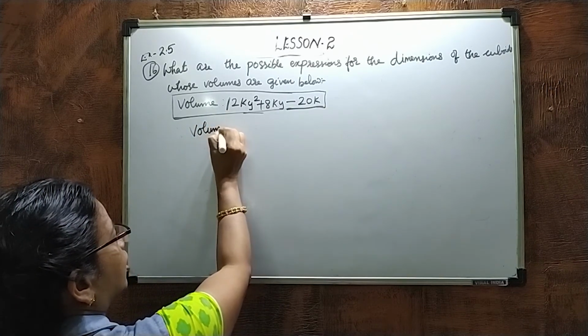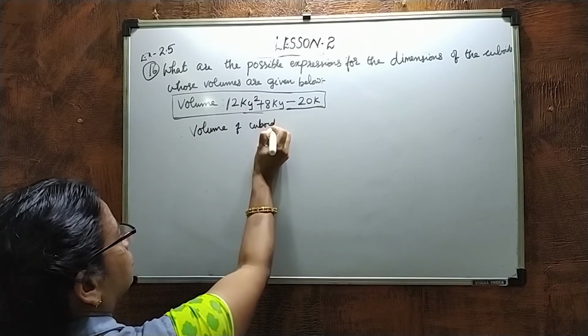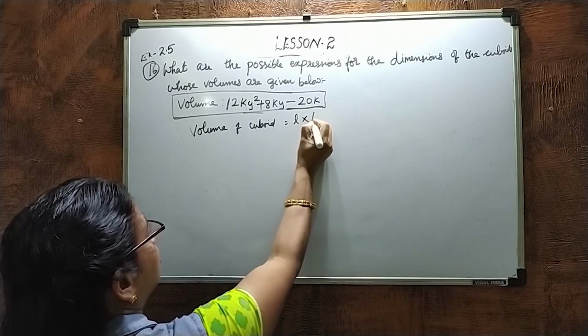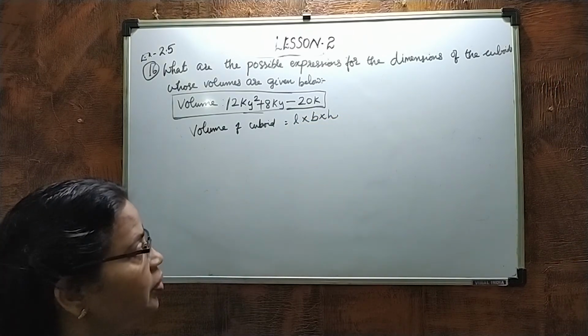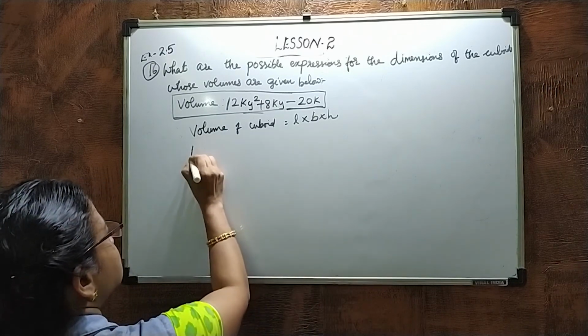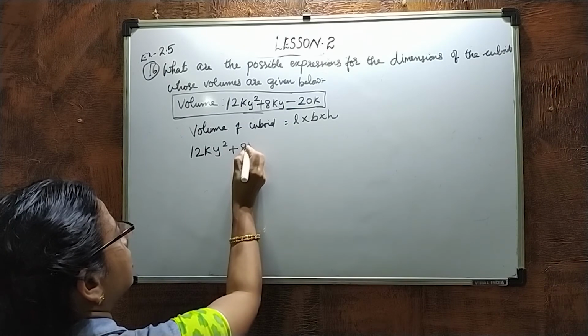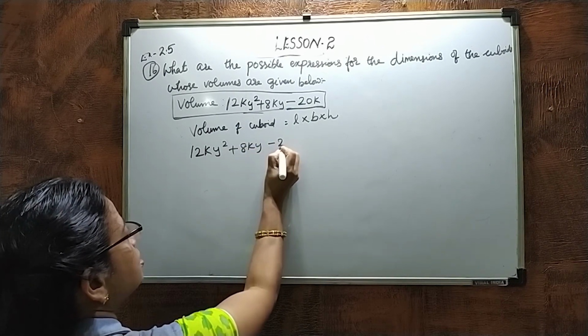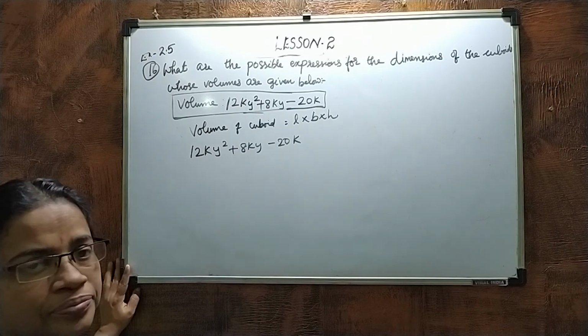Volume of the cuboid is equal to L into B into H. Now you have to find out L, B and H. So volume is given as 12ky square plus 8ky minus 20k. So find out which things are common.